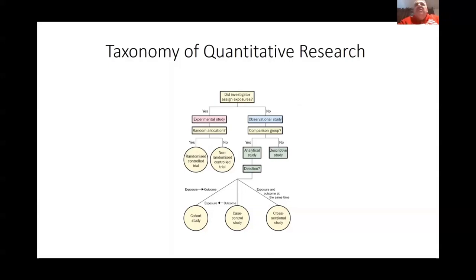Retrospective and prospective, some people use them as study designs. These are not study designs. These are just adjectives that describe the time I collect my data. If I want to follow up from present to future, once I collect my data on my participants, this is what I call a prospective cohort.